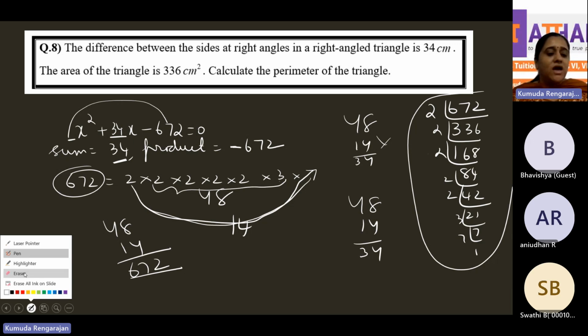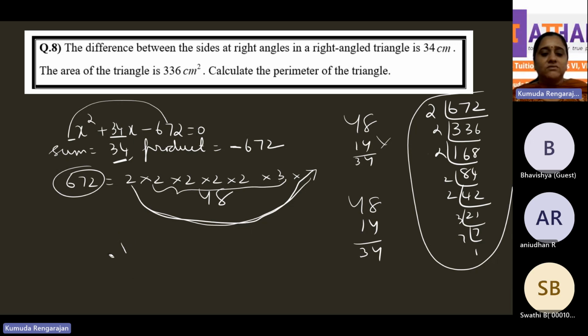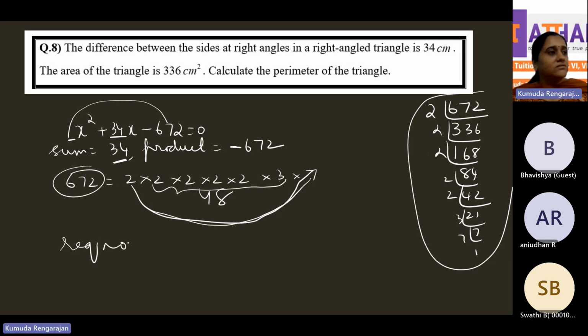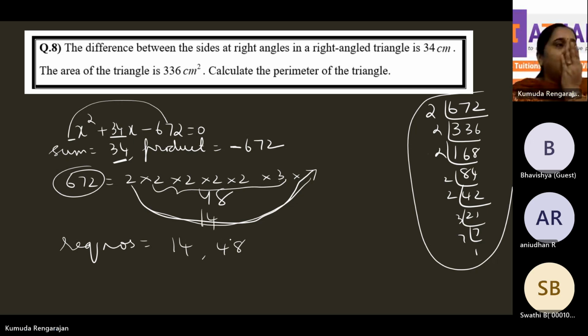Now fix the signs. After getting the numbers, fix the signs. What are the required numbers? Required numbers are 14 and 48. Correct? Now fix the signs: minus 14 and plus 48.